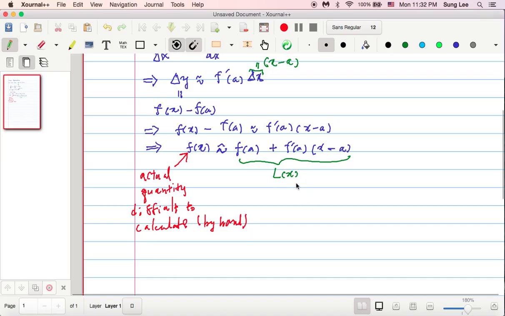On the other hand, this L of x is an approximation, and this is easier to calculate by hand.